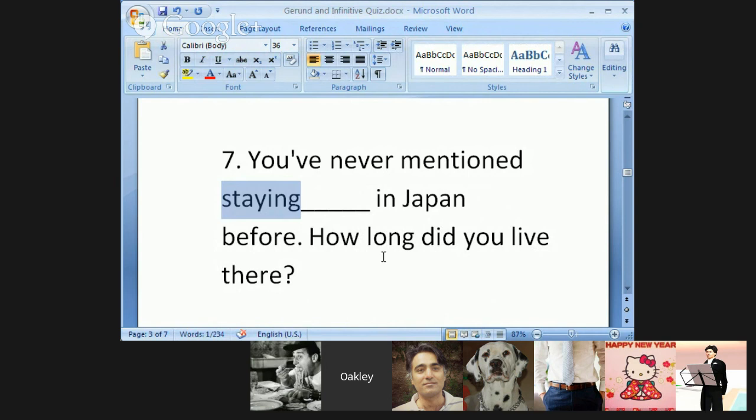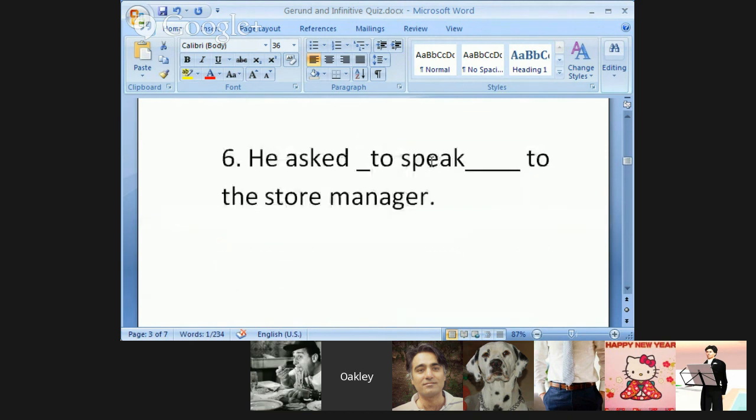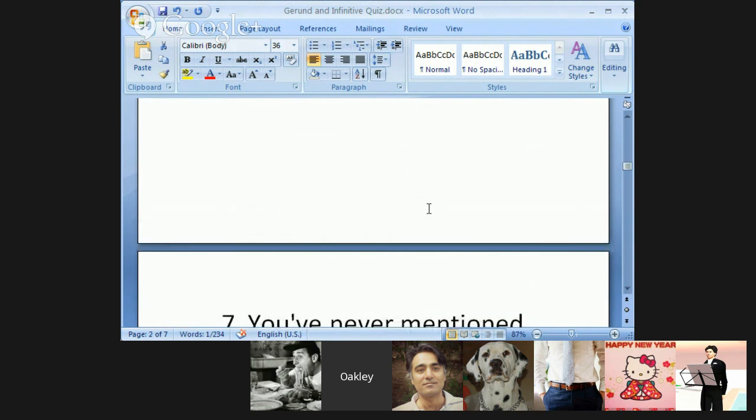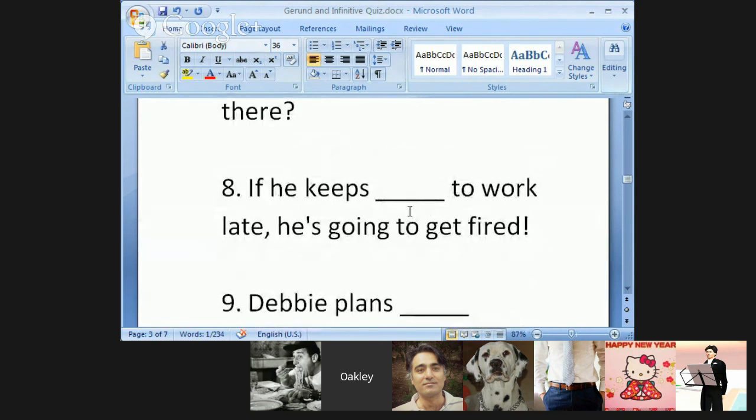Living or staying, either one would work the same way. Can you say you never mentioned to stay in Japan? No, absolutely makes no sense at all. Mentioned, okay. Asked, we need infinitives. Is this another pattern? Could be.